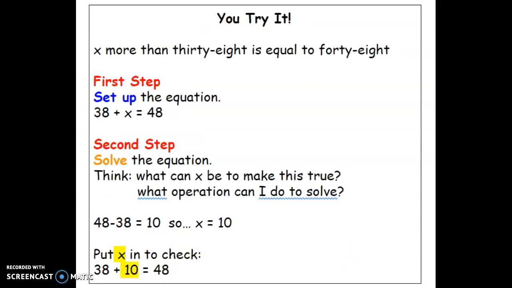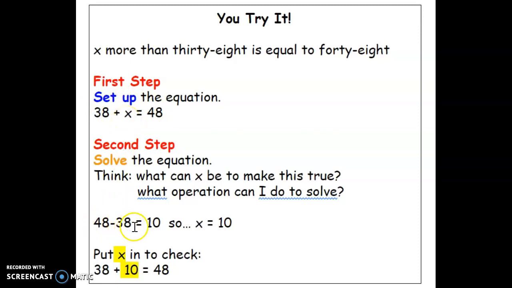All right, so as I'm looking at this problem, I'm thinking about, okay, what can X be to make this true and what operation can I use? I'm thinking subtraction because I know that this is the bigger number, so something smaller has to go in there. And I think I should subtract 48 minus 38 because that is the opposite.